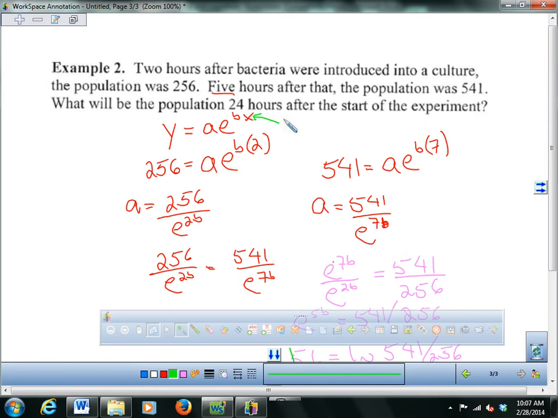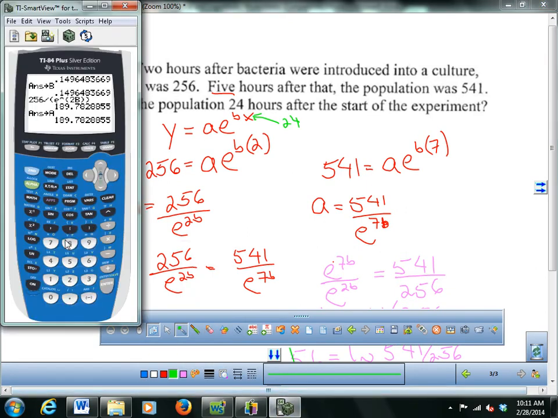So we're going to plug 24 in there, and I have A and I have B. So I'm going to get my calculator back, and I'm going to go alpha A, E raised to the alpha B times 24. Did I do that right? I think I did that right. Okay, and let's see if I get it right.